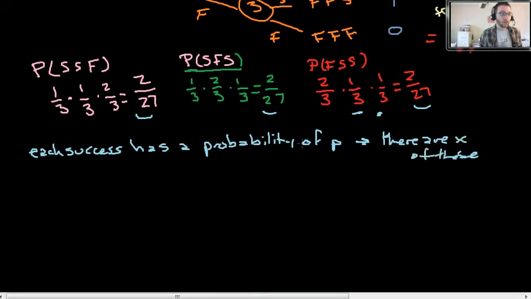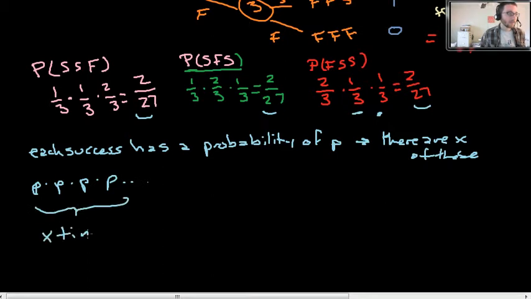And so we're going to multiply by P X different times. So we're going to do P times P times P times P dot dot dot X times. That's what we did here. X was 2, and so we multiplied by P 2 times, and here we did it as well 2 times, and here we did it as well 2 times.